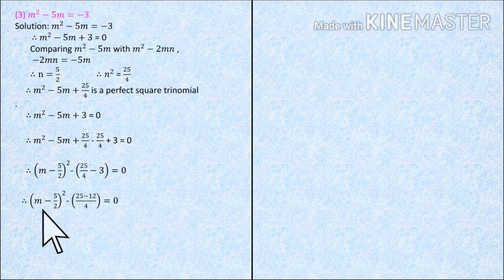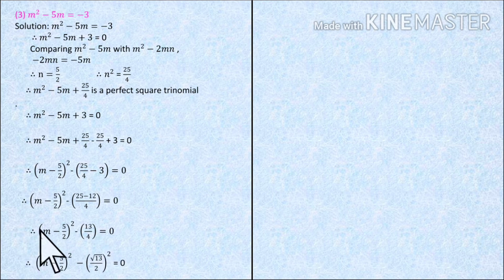Then m minus 5 by 2 whole bracket square minus, here make the denominator same. For making the denominator same, we have to multiply 3 by 4, which is the LCM here. Now this will become 25 minus 12 upon 4. So next step, m minus 5 by 2 whole bracket square minus, 25 minus 12 is equal to 13. So this term is 13 by 4.